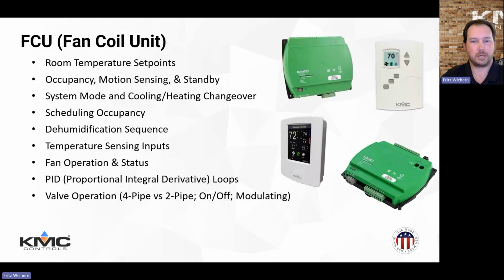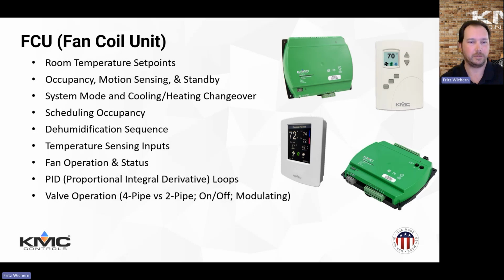All right. So we'll talk a little bit about fan coil units. We've got the bullet points of the major points of these sequences. A lot of these are common across the different applications, so we'll go through them once, and the ones that are repeated through each of the applications, we're not necessarily going to touch on all of them.